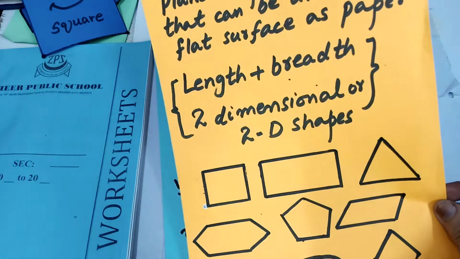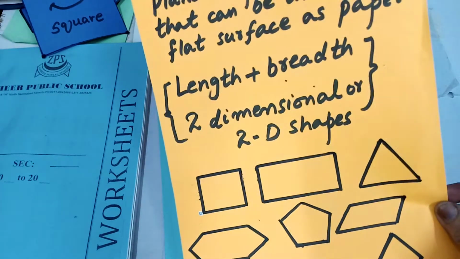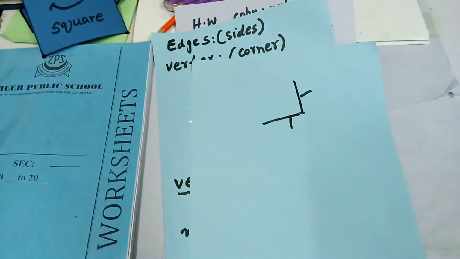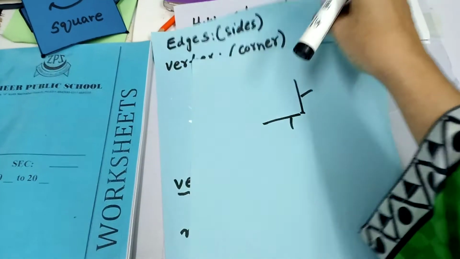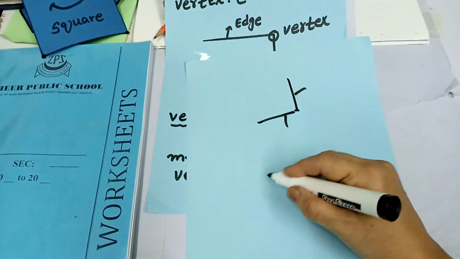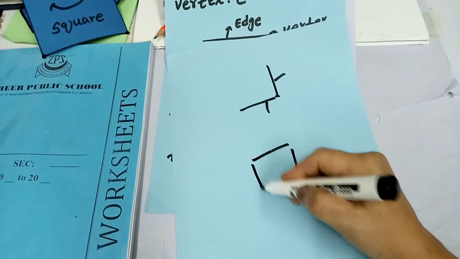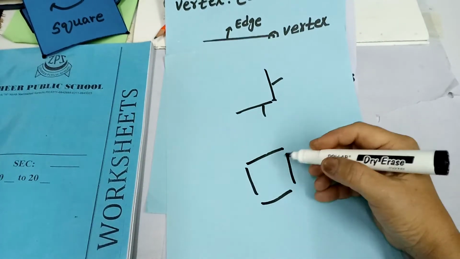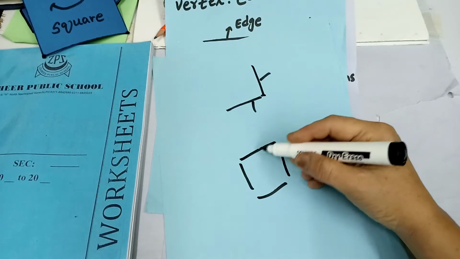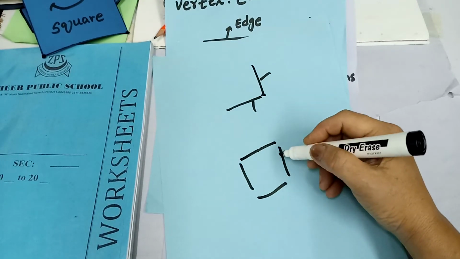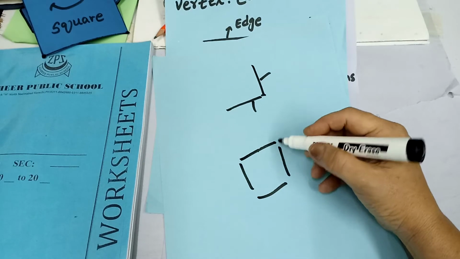So let us learn about edges and vertices. Edges are also called sides. These are sides, and two straight lines meet to form a vertex.